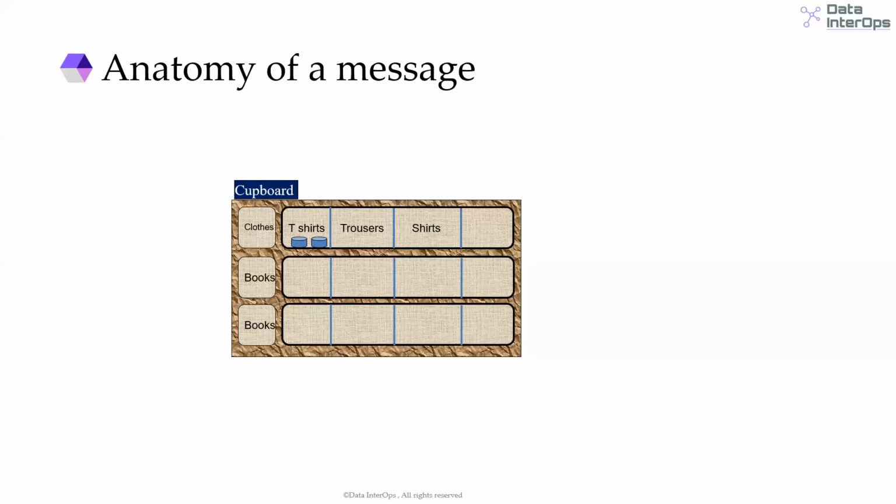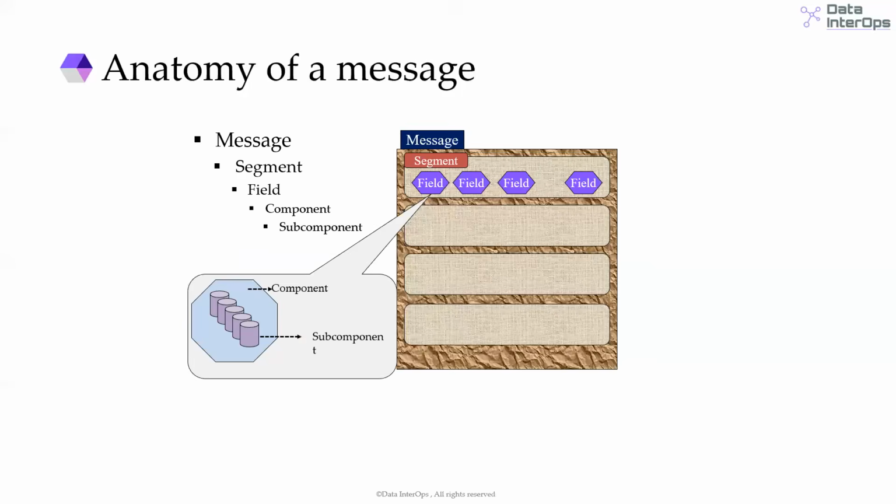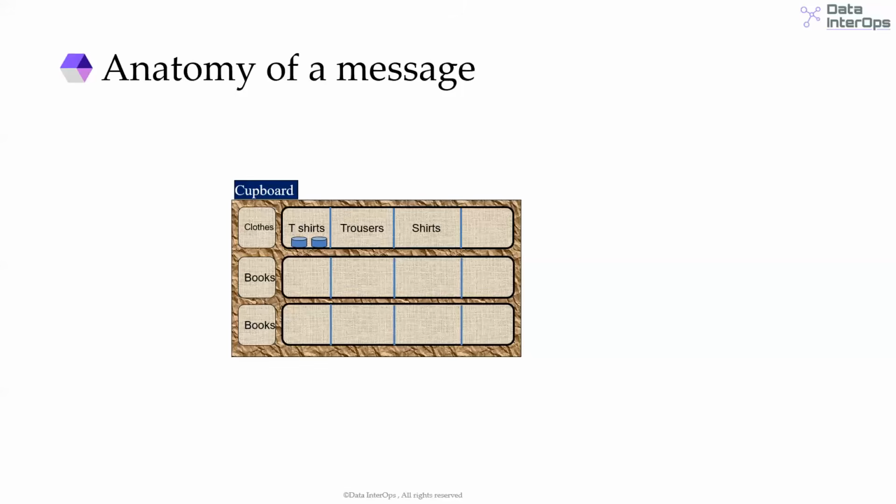Right? Now, let's say there are two people in the house, and one of them is going out on a vacation, and he forgot his t-shirt at home. He calls the other person who is at home and says, hey, can you get me that t-shirt?